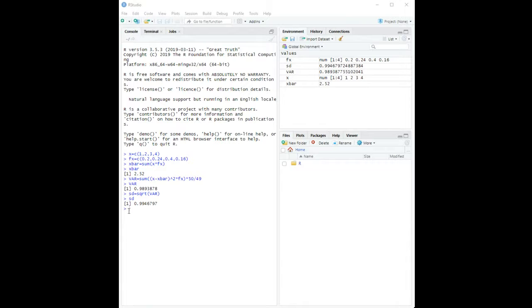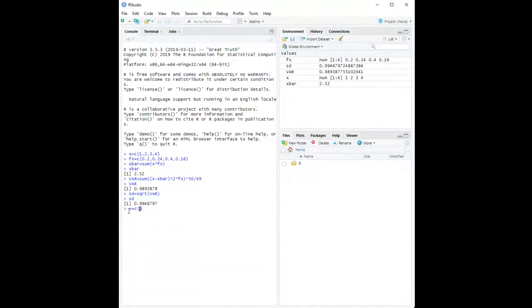We're going to do the same thing, except that this time it doesn't tell us what size the population is. So for this one, we're going to do, again, x equals combine.